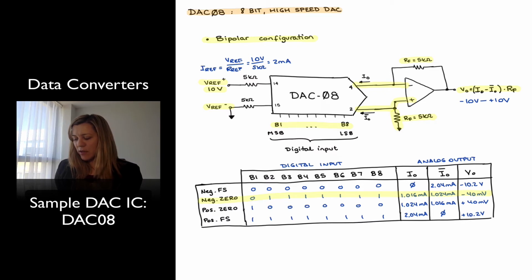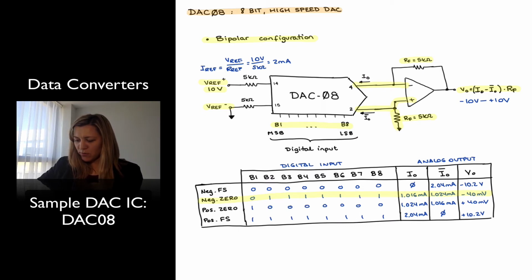Notice that there is an 8 microamp step between the two, 8 microamps being the size of the LSB for current. And my output voltage is sitting at negative 40 millivolts, or negative 1 LSB for the output voltage.